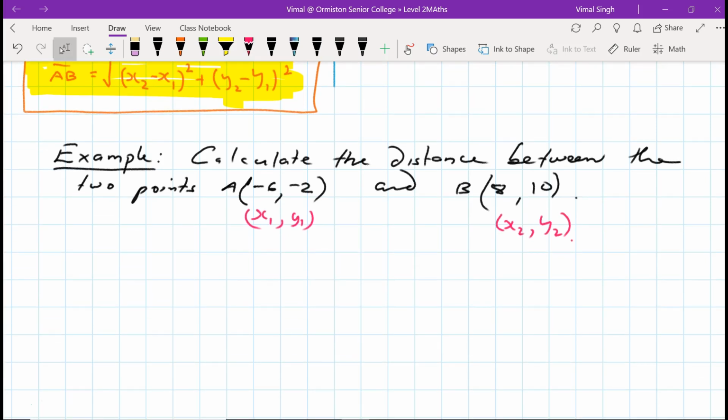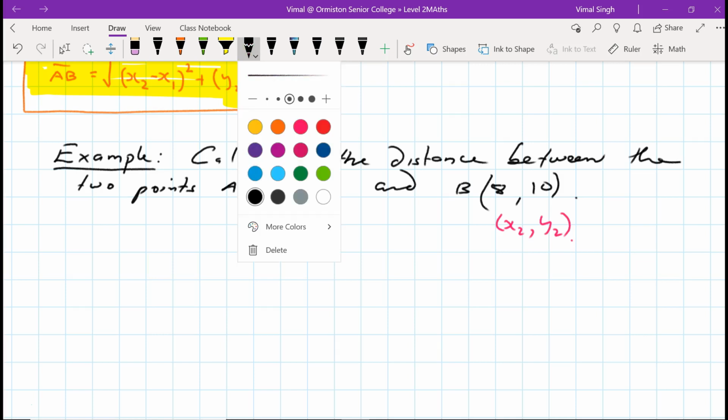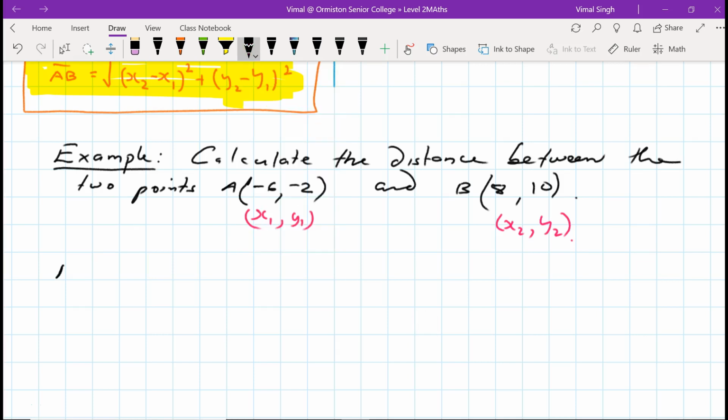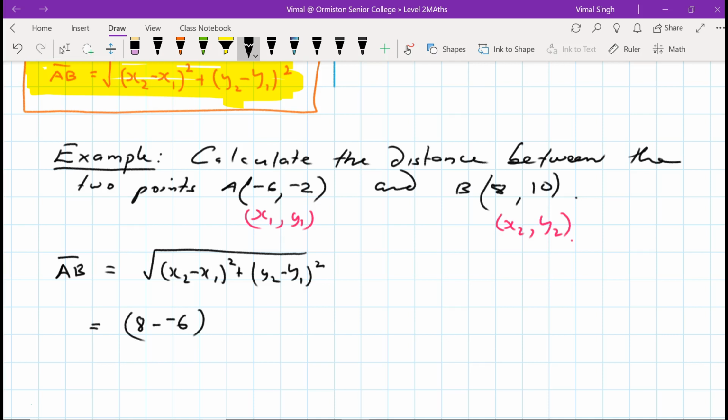So the length of line AB is going to be the square root of x2 minus x1 squared plus y2 minus y1 squared, and x2 over here is 8 minus 6 squared plus y2 is 10 minus 2 squared.